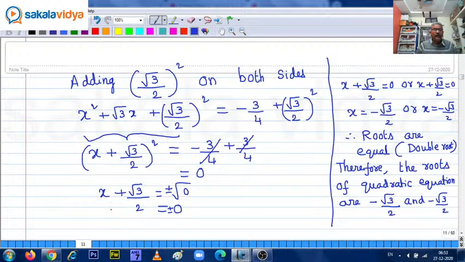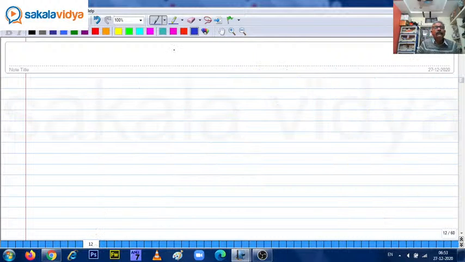Okay, let us move to the fourth problem. Are you ready to solve the fourth problem? So let us solve the fourth problem. 2x square plus x plus 4 equals to 0.